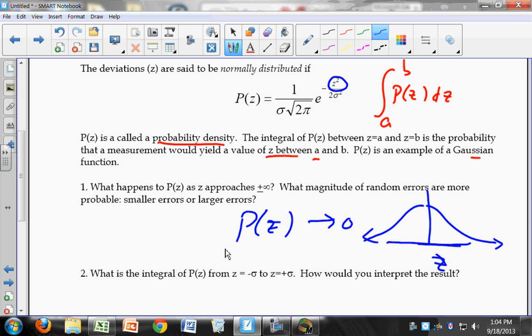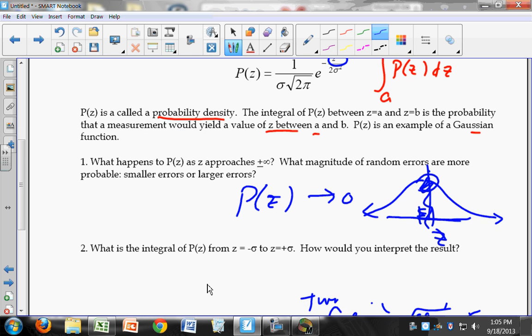Larger errors or smaller errors? Smaller errors. So if errors are random, the smaller values of z have a higher probability of happening. What's the integral of P of z from z equals negative sigma to z equals plus sigma? You did that in your Gaussian activity. What did you find?